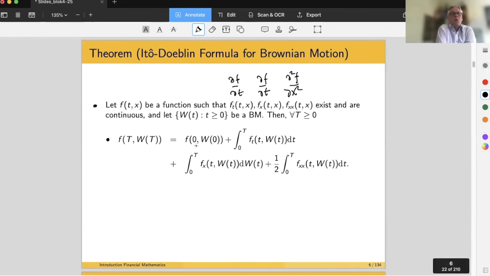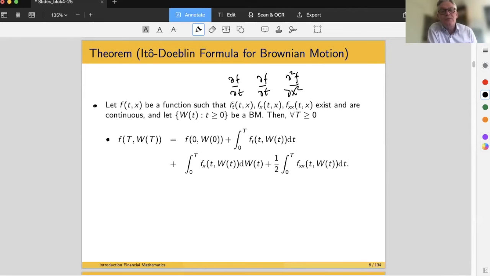Okay, now we have our theorem, the Ito-Doeblin formula for Brownian motion. And the basis for this is a function f which depends on t and x. So let f(t, x) be a function so that the first derivative with respect to time, the first derivative with respect to space, and the second derivative with respect to space all exist and are continuous.